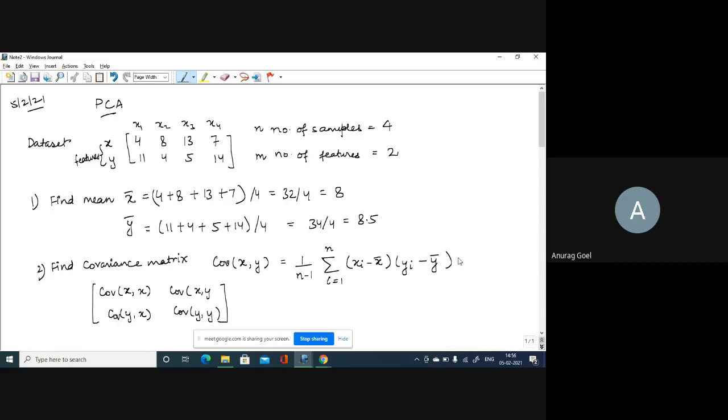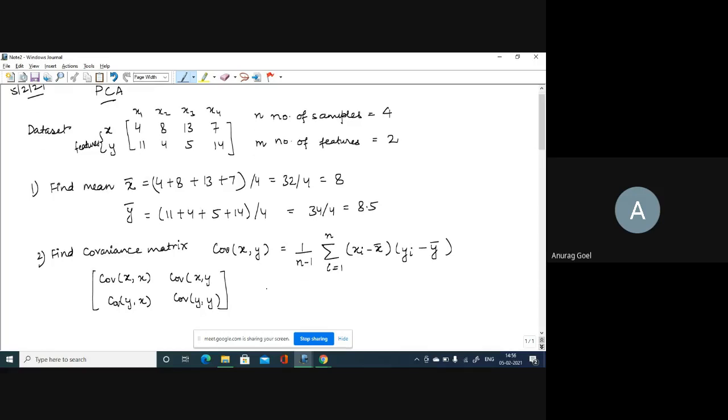Let's first find out the covariance of x comma y.